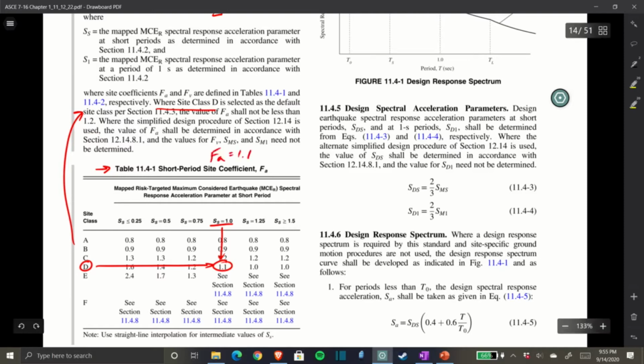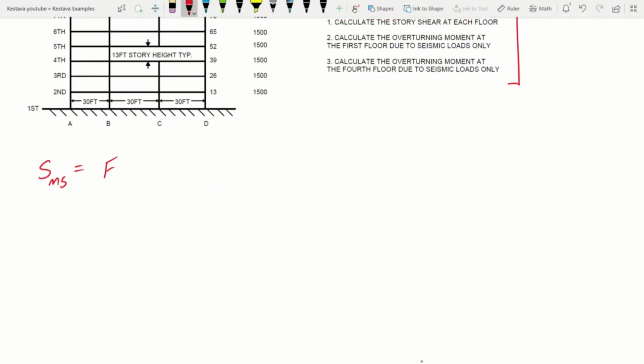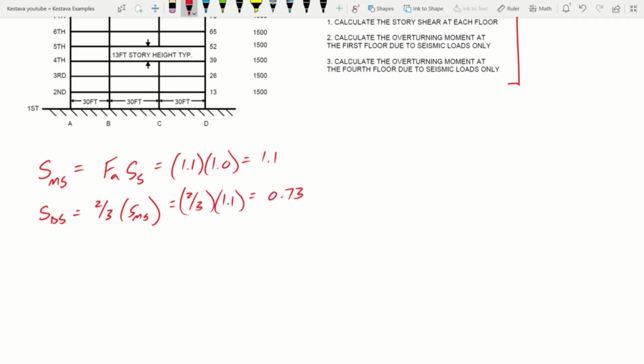Now, above, we can find SMS and SM1. SMS is going to equal FA times SS, that breaks down to 1.1 times 1.0, which equals 1.1. Next, we can find SDS, which is 2/3 of SMS. That is 0.73.